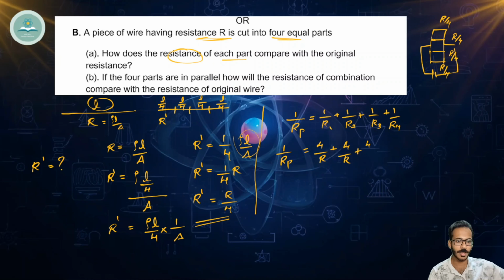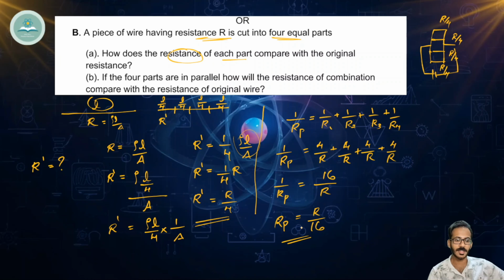Third one, again 4 by R. Fourth one, again 4 by R. So I am adding all 4 resistors here. Now 1 by Rp is equal to, the denominator is the same, so I can write R, 4 plus 4 plus 4 plus 4, which is 16, so 16 by R. Taking the reciprocal, Rp is equal to R by 16.